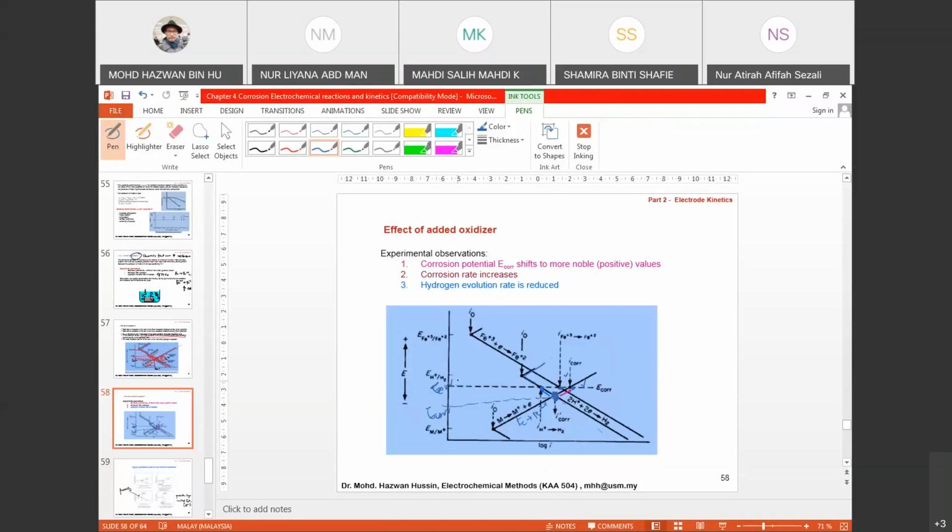So you will see that there's a shifting of potential. The E-corr with oxidizer is pointed over here because at this point the three intersections can occur, as the sum of the overall reaction.